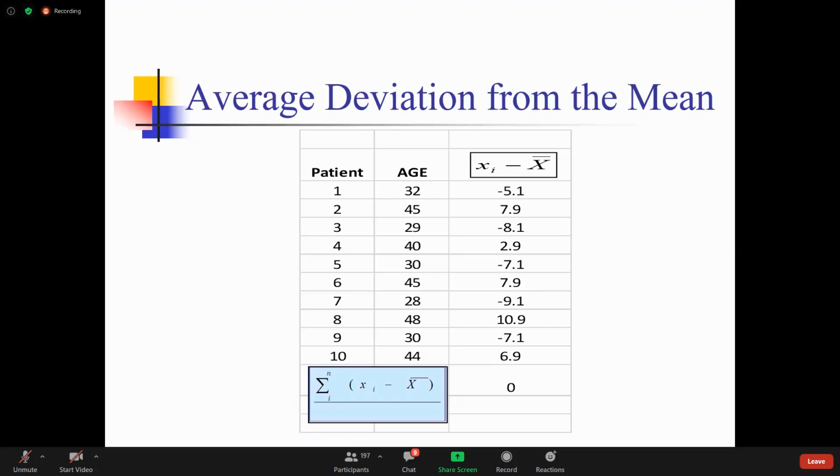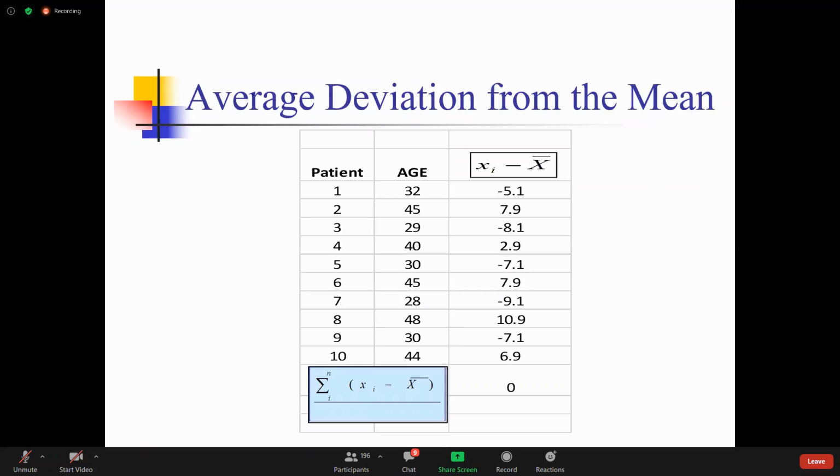So take any data set at home and practice it: calculate the mean, take the deviation from the mean, take the average deviation, and it will be 0. That's natural, because we're taking deviation from the center. So what's on the right side should equal what's on the left side, because this is the center of the data. Are we okay with this?